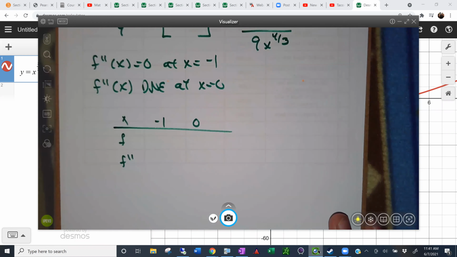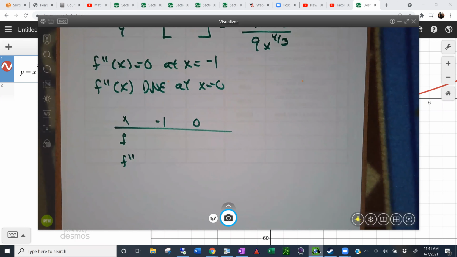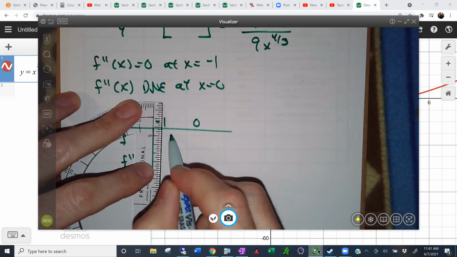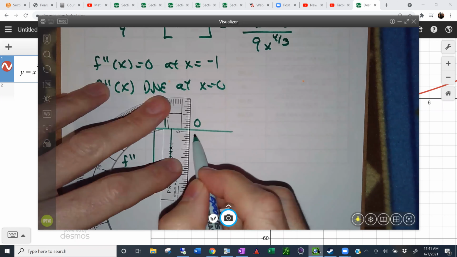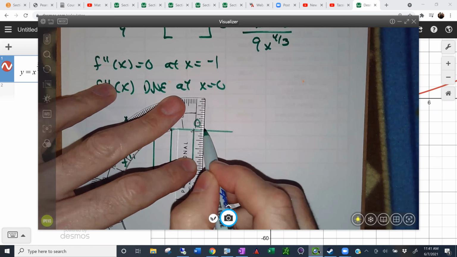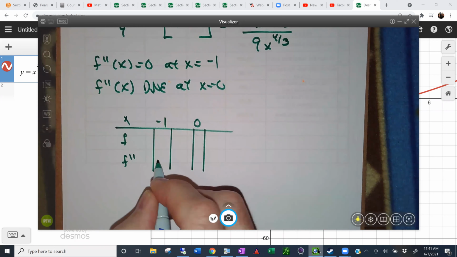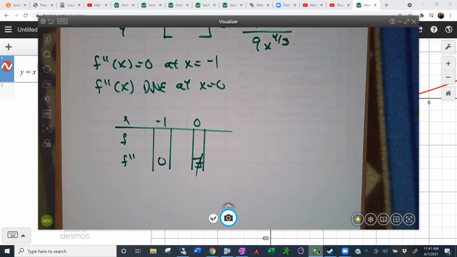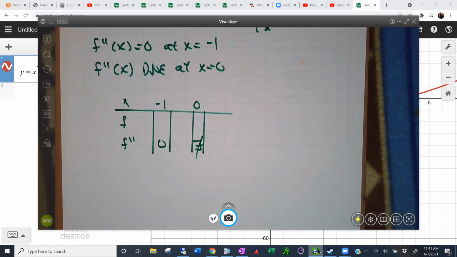So kind of a modest little table here. Let's see if we can't figure some things out. Zero. This backwards E with a slash through it means does not exist. It's because I ran out of room to write that.